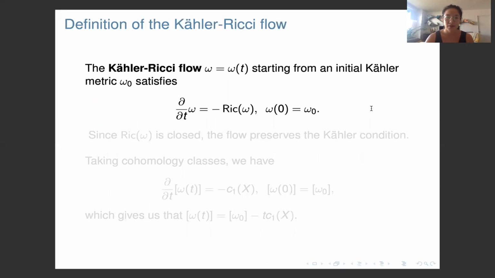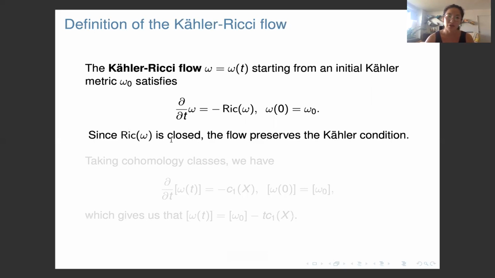Okay, and so now we'll proceed to define the Kähler-Ricci flow. We're going to let omega be this evolving metric. So omega will be a function of little t, which is time, starting from an initial Kähler metric, which I'll call omega_0. A solution to the Kähler-Ricci flow satisfies that d/dt of omega equals negative Ric(omega), given the initial condition that omega at time t equals 0 is this initial metric omega_0.